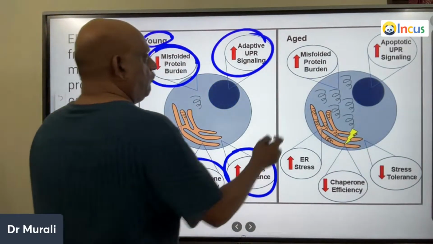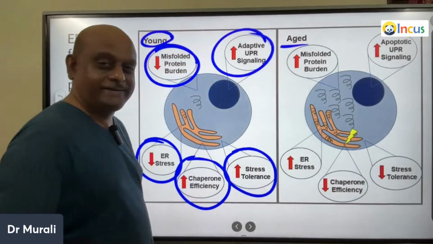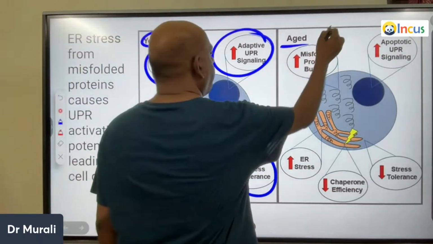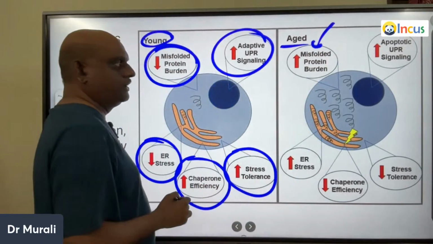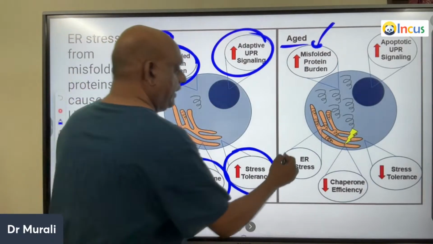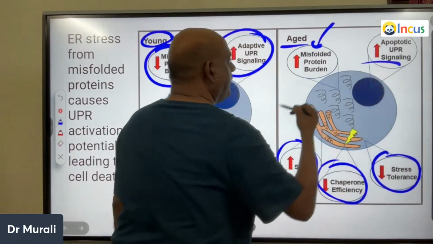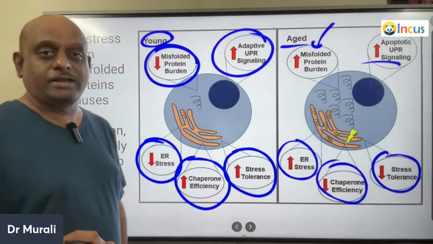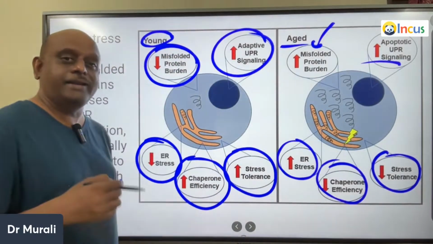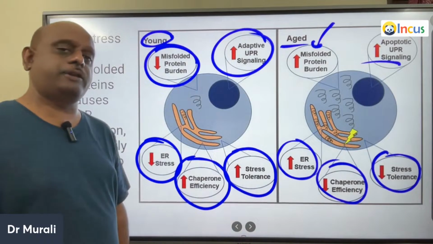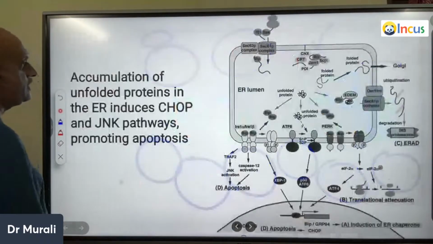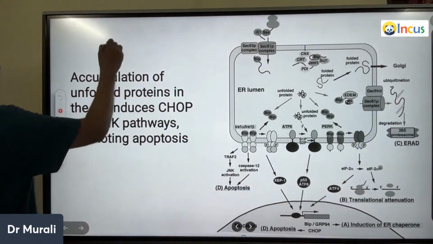Now, once the person gets aged, there is a misfolded protein burden which will increase ER stress, decrease chaperone efficiency, decrease stress tolerance, and the apoptotic UPR signaling will increase, which leads to the development of apoptosis, is what you should remember.